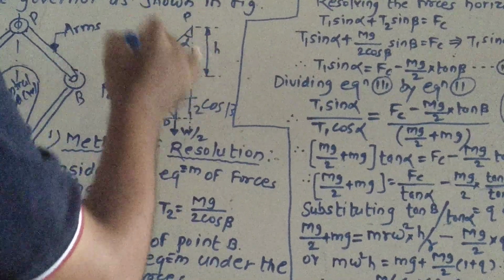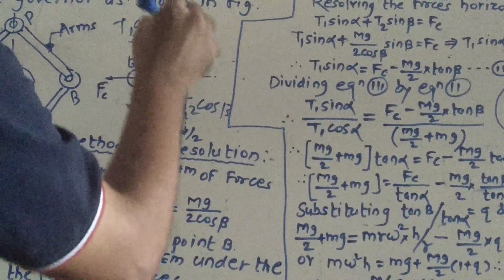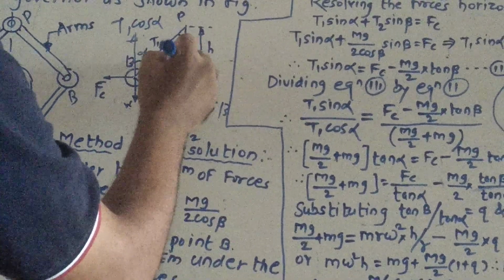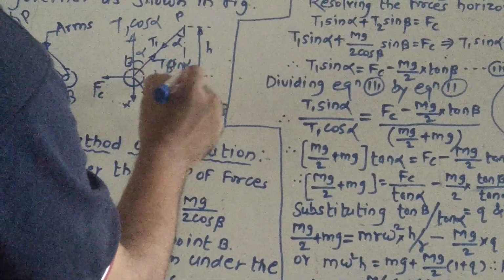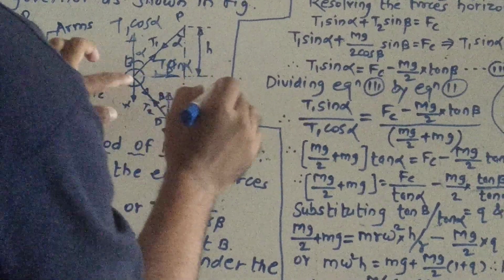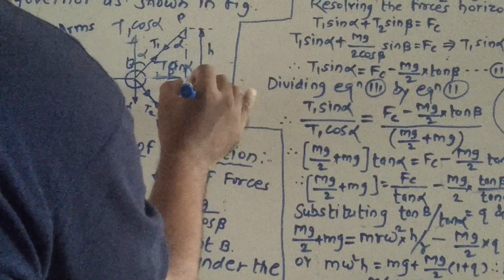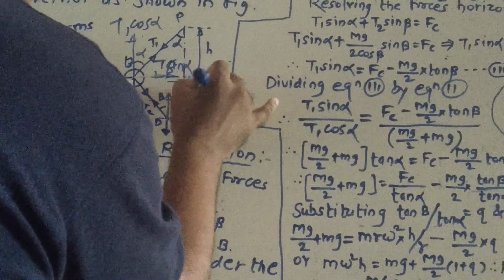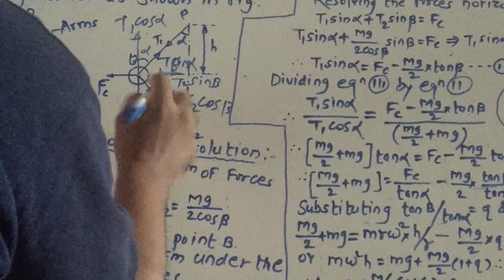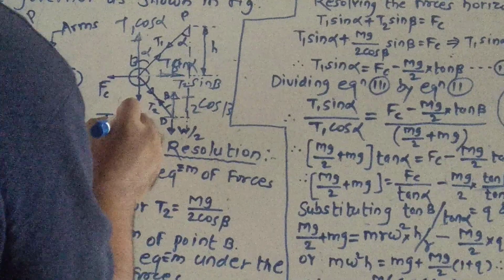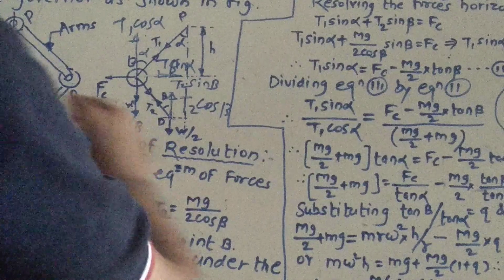So the vertical component of T1 is T1 cos alpha, and the horizontal component is T1 sin alpha. Similarly, the component of T2 along the horizontal direction is T2 sin beta, and the component along the vertical direction is T2 cos beta.